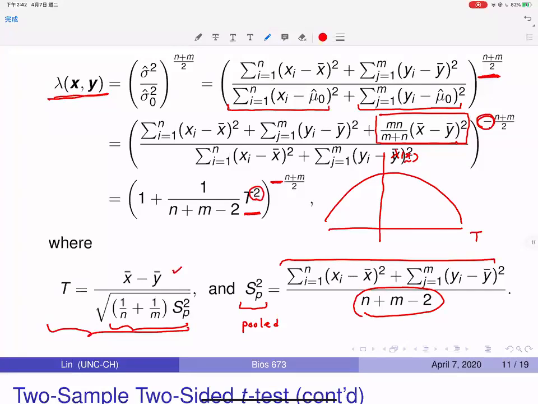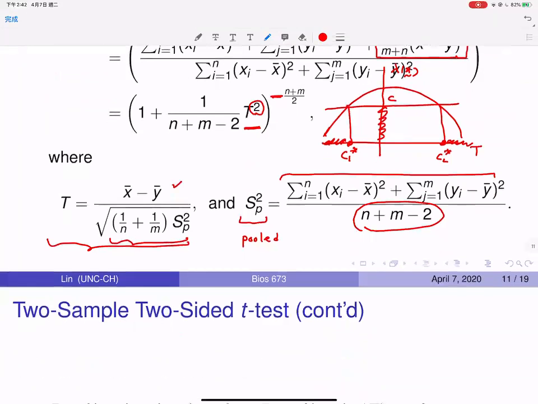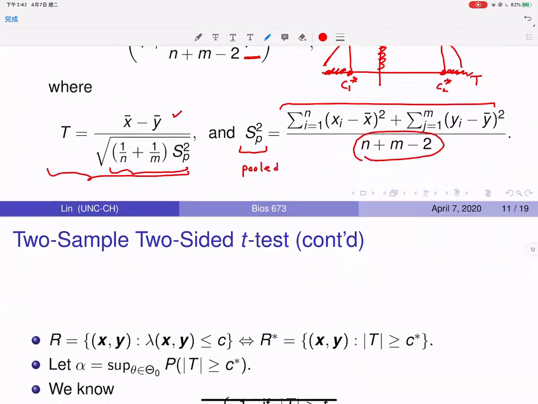Then you're cutting down at C right here, and you'll find the equivalent region is bigger than something, then smaller than something. This is a perfect quadratic, so your C1 star equals C2 star right here. Actually, you can use only one C star. If you're not aware of that, it's okay. You should take half of that, then you'll find that C1 star equals C2 star as well.